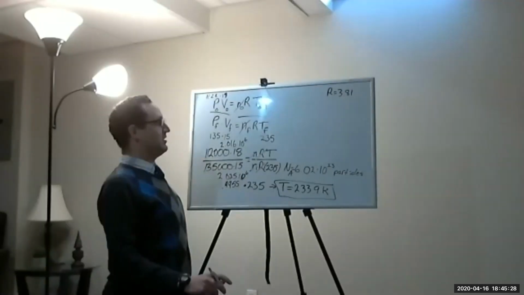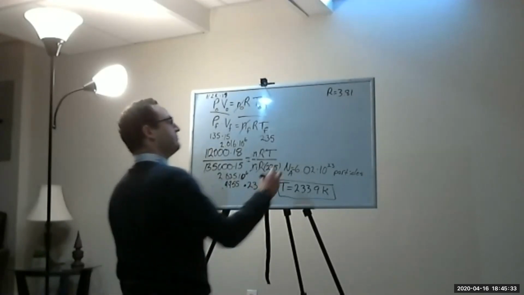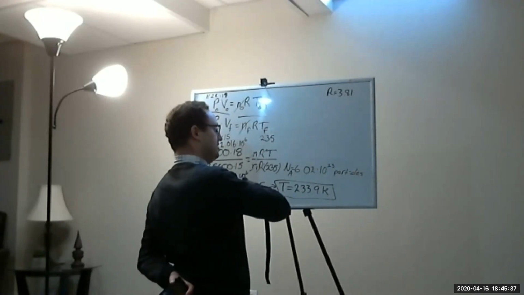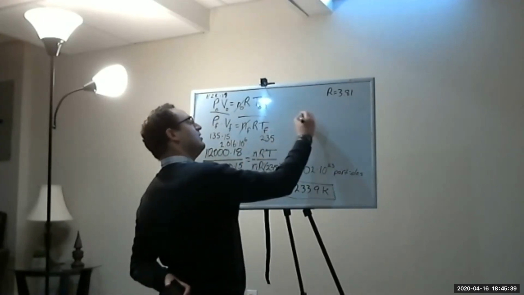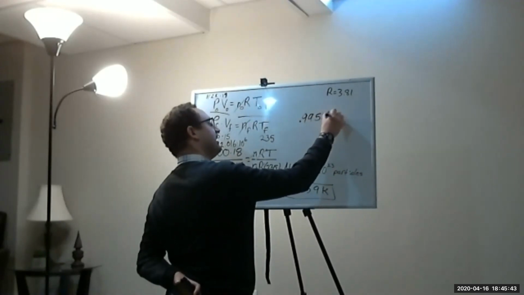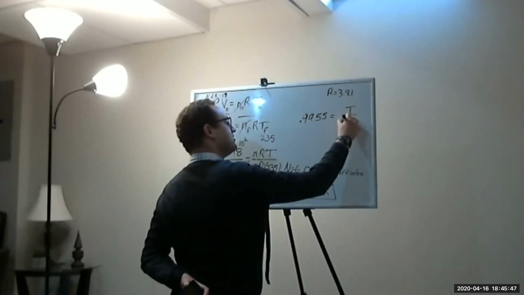So what did you do for the second part after you got the ratio between the two? Right, okay, so I did not write one of the steps here. Let me write the extra step. So what I did was I said my ratio between these two, after I calculated it out, was 0.9955 equals T divided by 235, right?